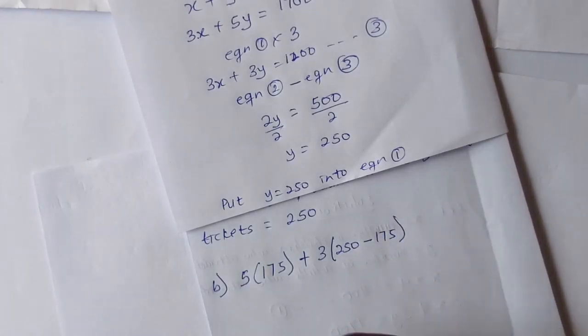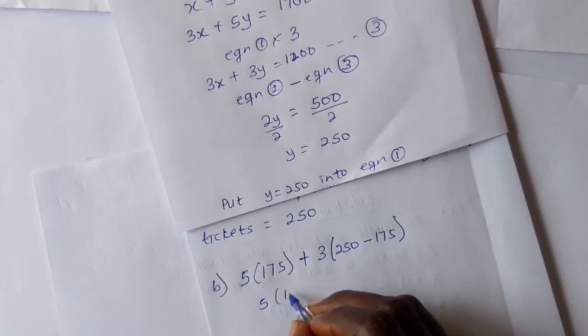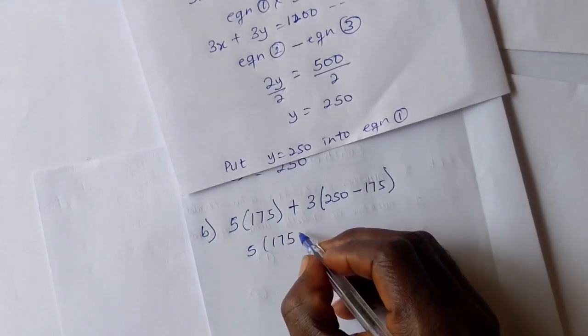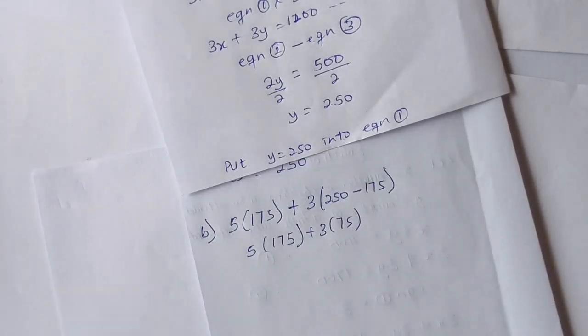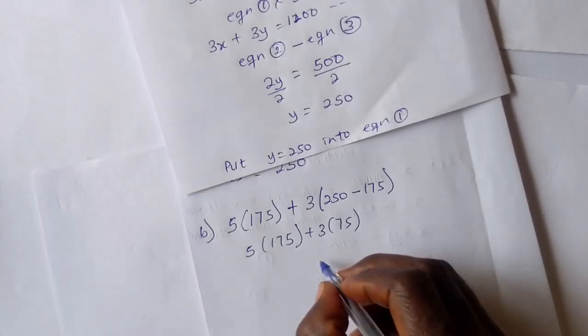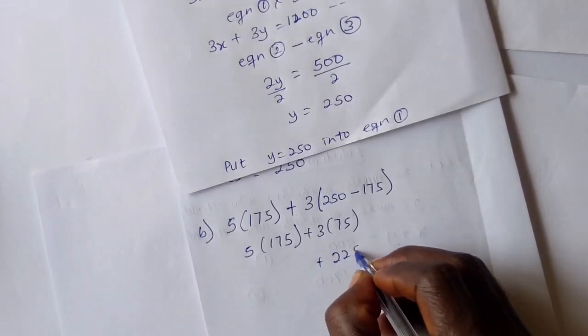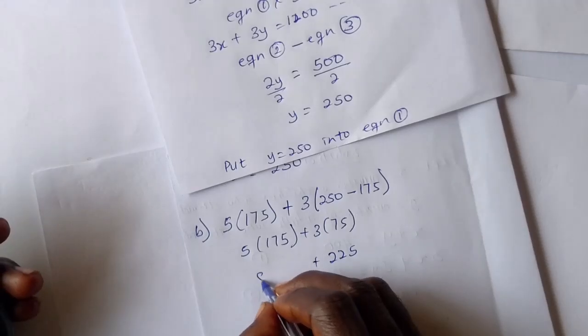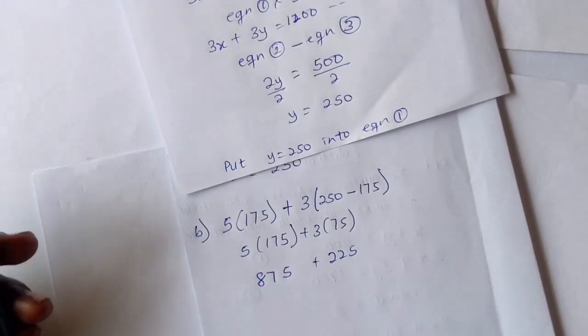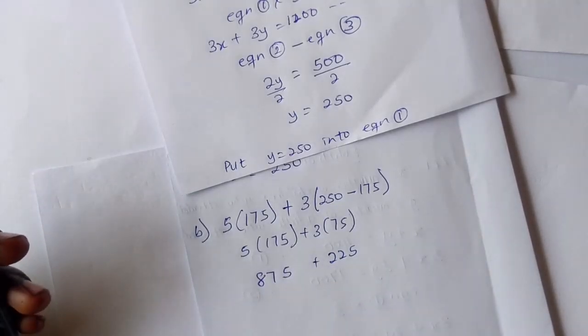So this is 5 times 175 plus 3 times 75. Now we just put this together. 3 times 75 will give us 225 cedis. And then we have 5 multiplied by 175, that will give us 875 cedis.